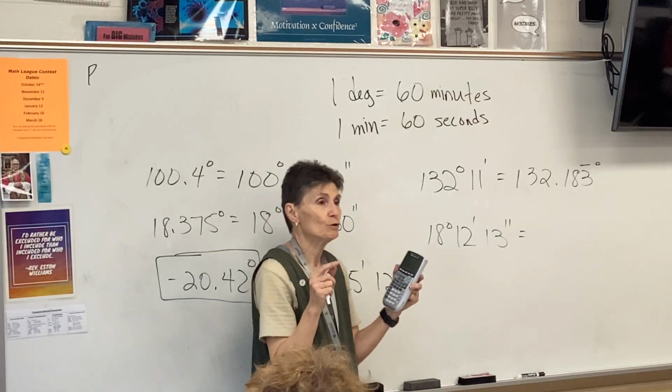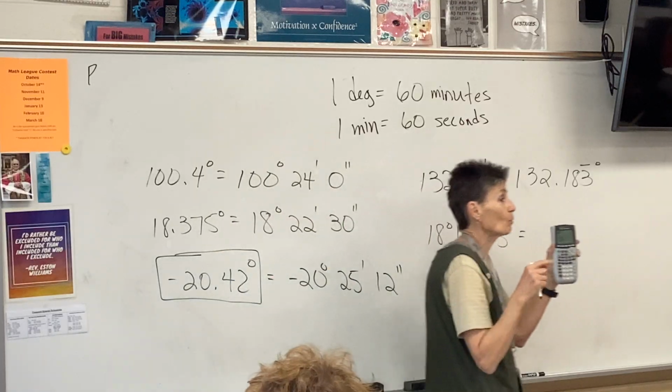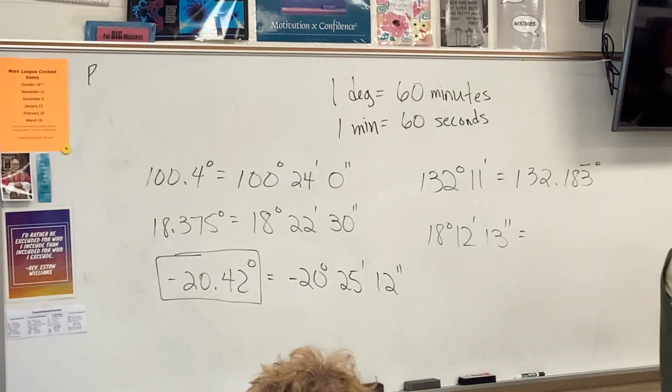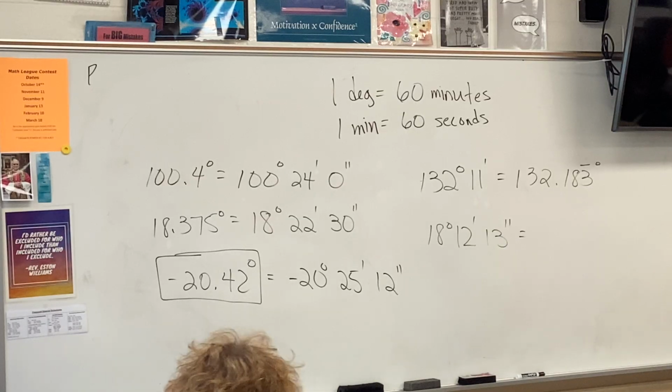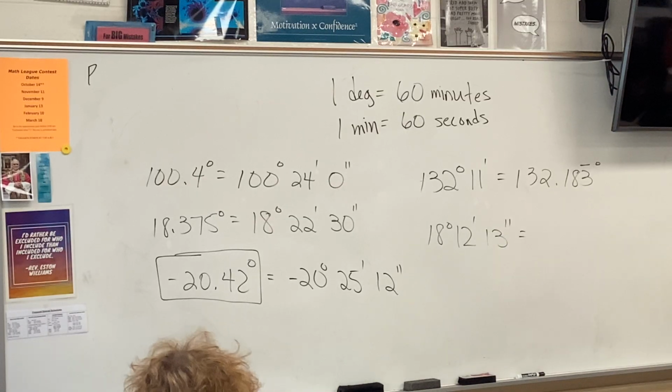Now I know I'm gonna choose my minute mark, but before we do that, I want you to notice what is not right under the minutes. What do we wish was right under the minutes? But it's not there, all right? So we're gonna have to go somewhere else to get that. But we need the minutes now, so go down and get the minutes. So now I have 18 degrees, 12 minutes on my calculator. Are you here? All right, so now I type the next one, which is 13.